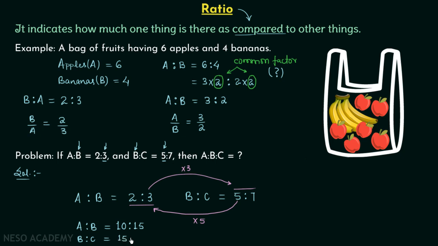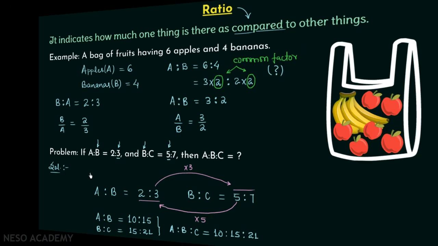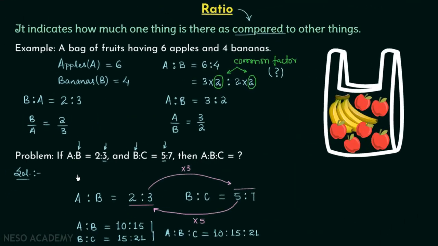So we have 15 ratio 21. From here we can have A ratio B ratio C very easily. A is 10, B is 15, we know this, and C is 21. So this is the answer to this example problem. This is the actual process to find A ratio B ratio C.